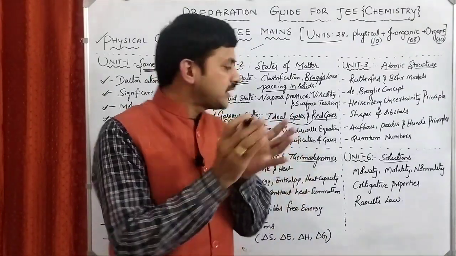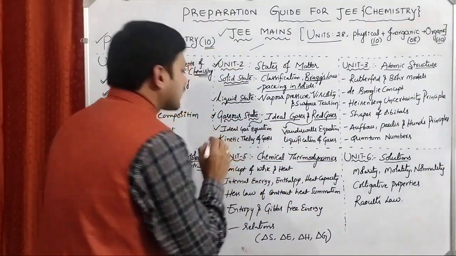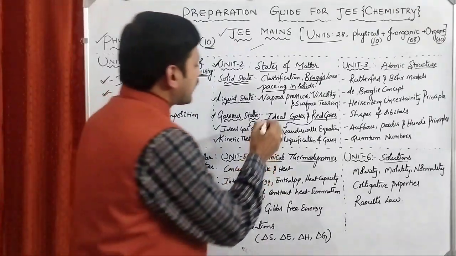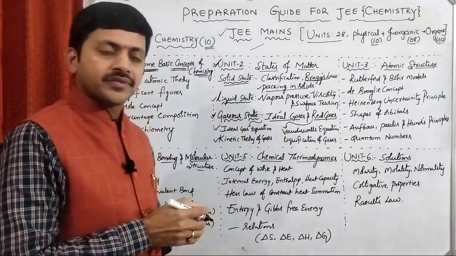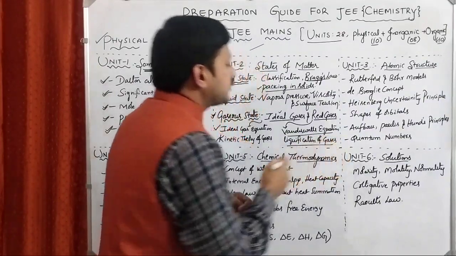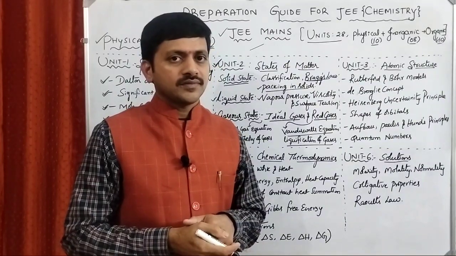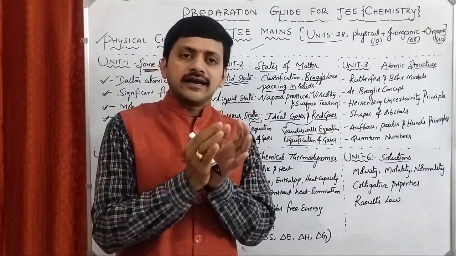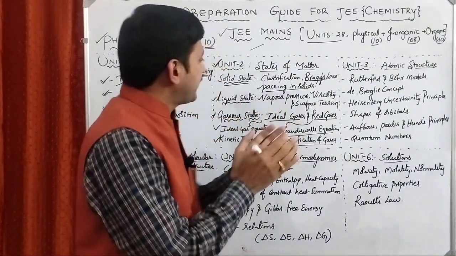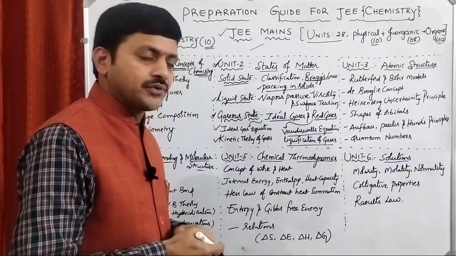For that purpose, we have topics called the ideal gas equation and kinetic theory of gases for the ideal gas. The second one is Van der Waals equation and liquefaction of gases for the real gas. In this way, you need to identify the time and prepare in this sequence. This is about the second unit.